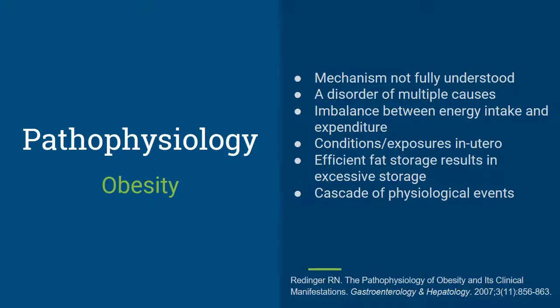The mechanism of obesity development is not fully understood and is believed to be a disorder with multiple causes. It is widely accepted that increase in obesity results from an imbalance between energy intake and energy output, with an increase in positive energy balance being closely associated with lifestyle adaptation and dietary intake preferences.